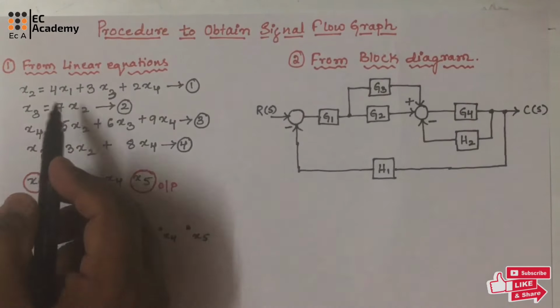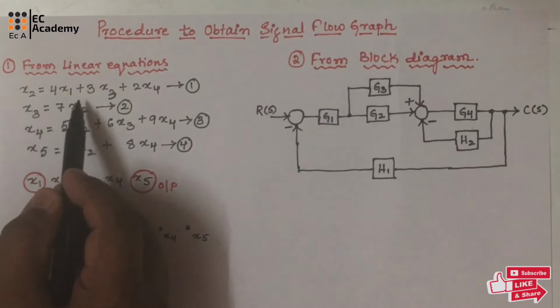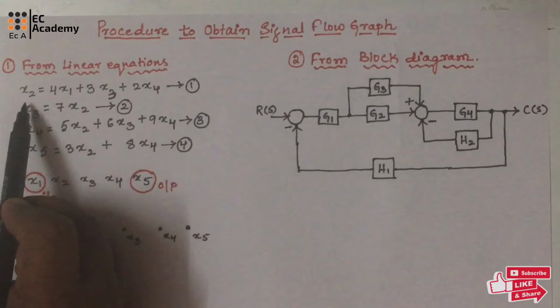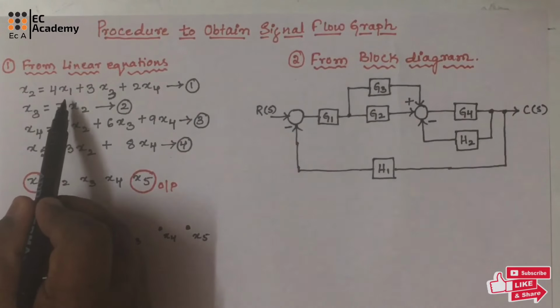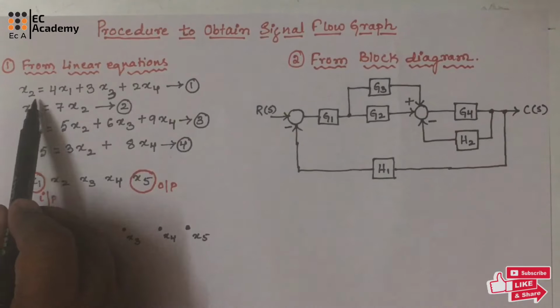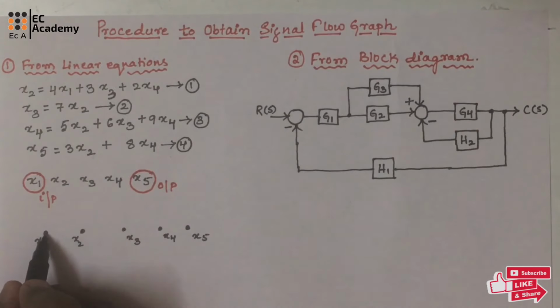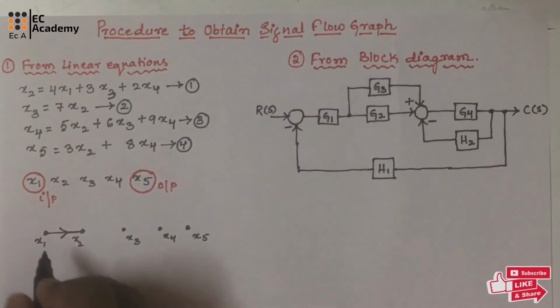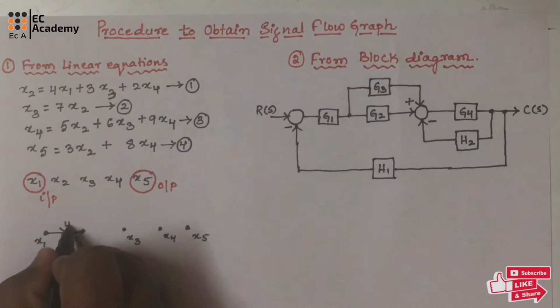If we observe the first equation, it states that x2 is the sum of 3 incoming signals. So x2 is equal to 4x1 plus 3x3 plus 2x4. First we write x2 from x1: let us draw the arrow and write the gain of that signal as 4.